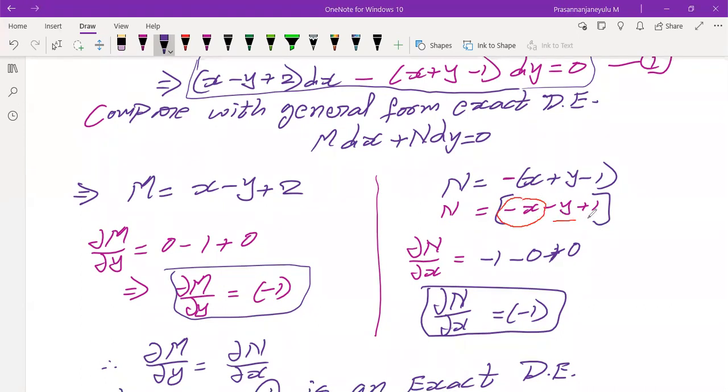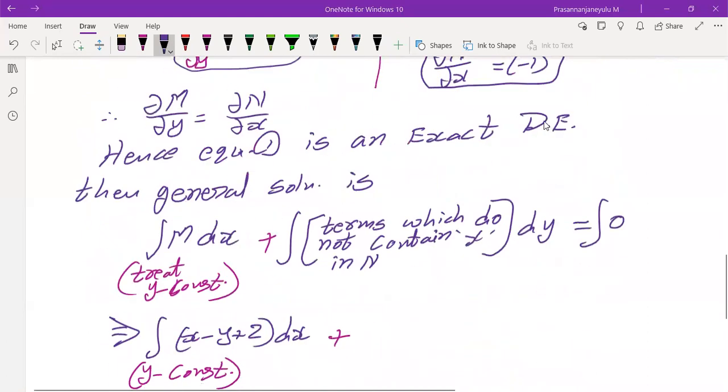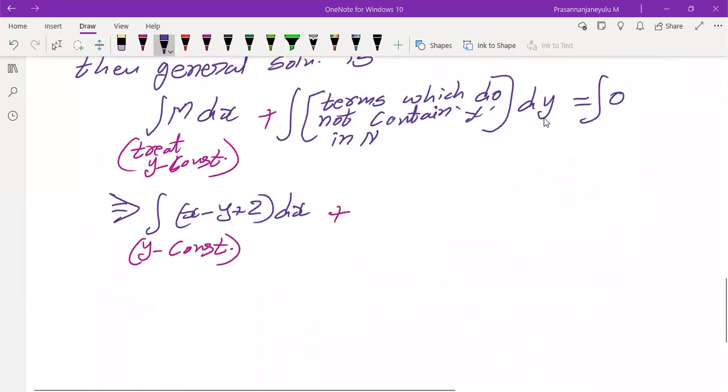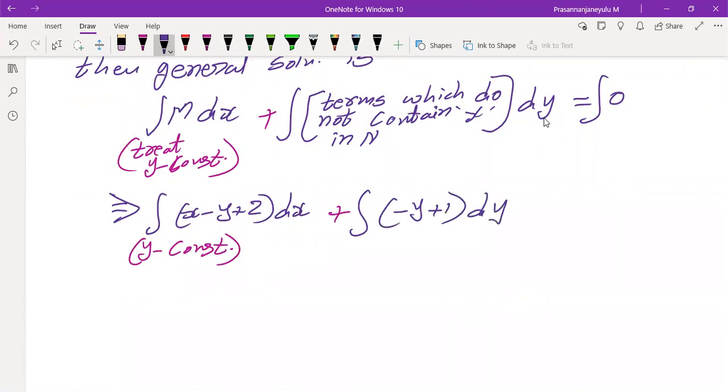The second and third terms do not contain x variable. What is the formula I have written here? Terms which do not contain x variable in n. So what are the terms not containing x? Minus y plus 1 into dy. Only this we have to take, integration of 0.